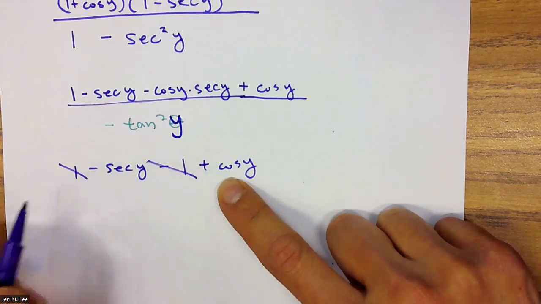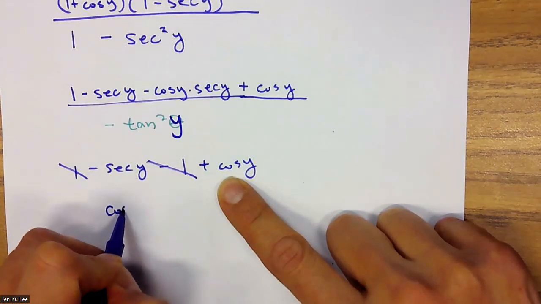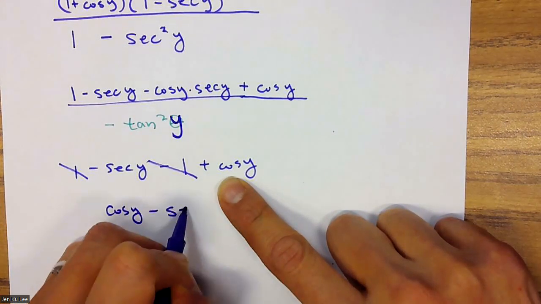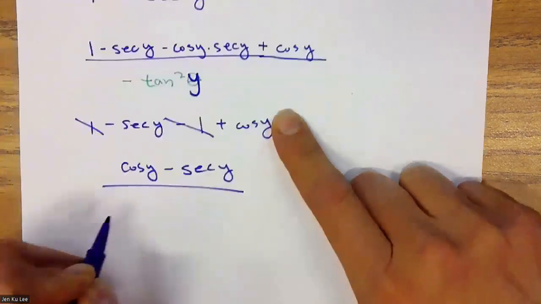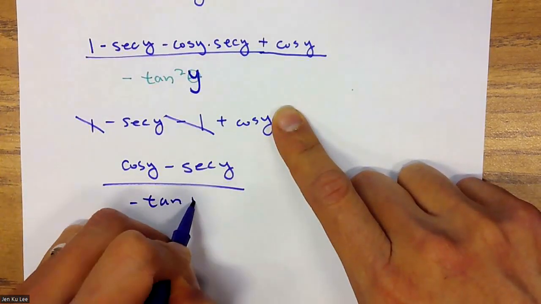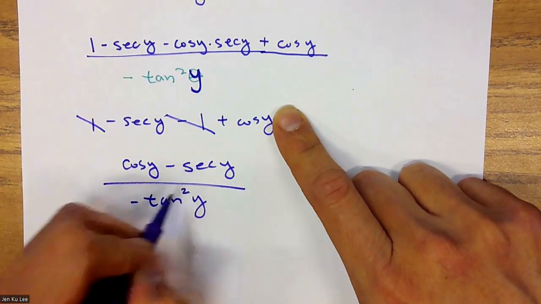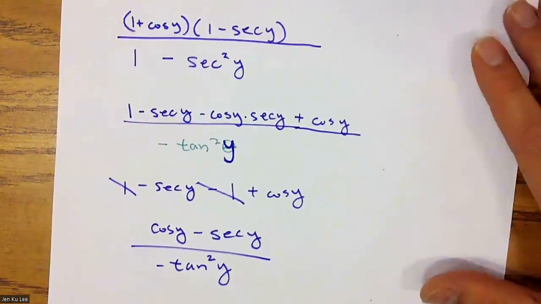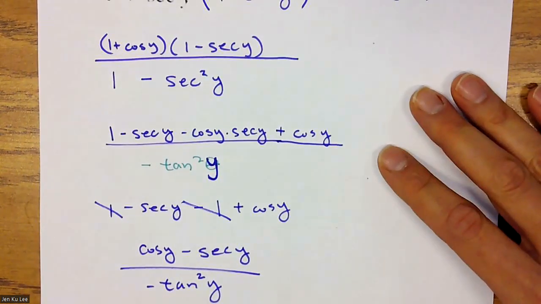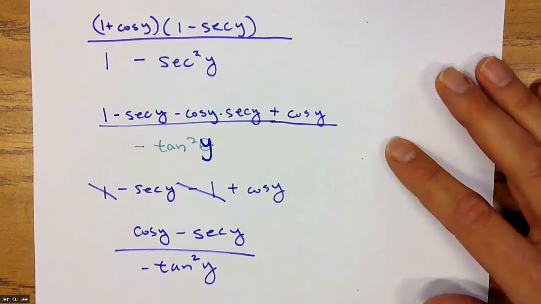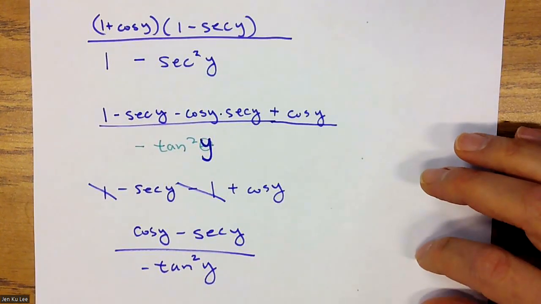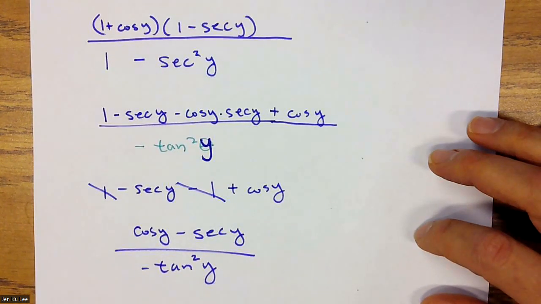Those two ones cancel out. So I have cosine y minus secant y over negative tangent squared y. And by now, I'm like, what am I doing? Yeah. I feel like I'm going around in a circle, right?